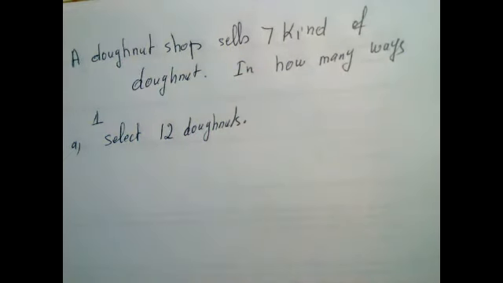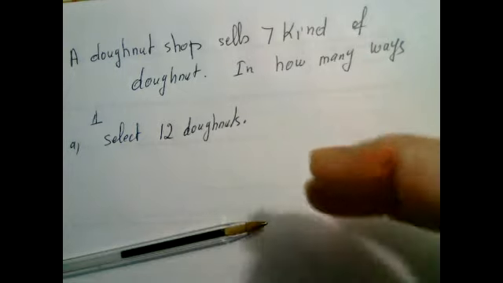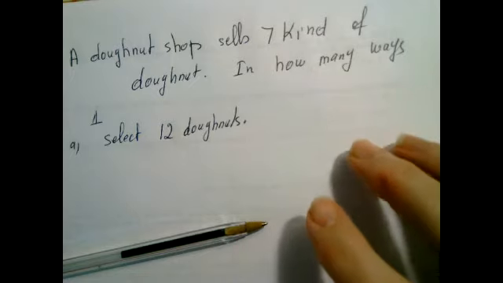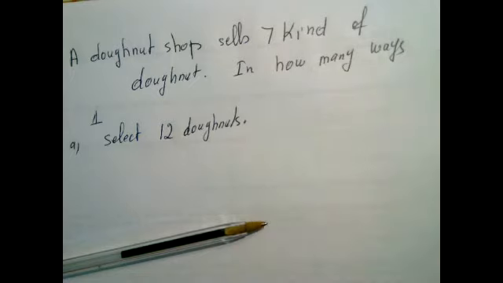We have 7 kinds and I want to select 12. The donuts from the same kind are similar. I didn't even tell you how many donuts the store has; I imagine the store has infinitely many donuts, so you can pick 12 easily from every single kind.